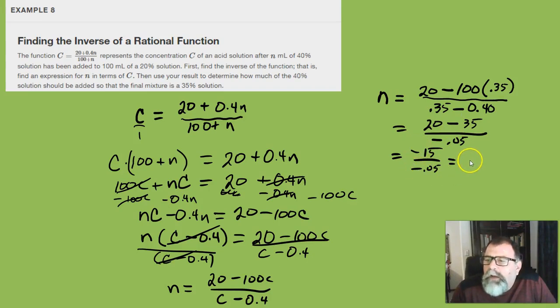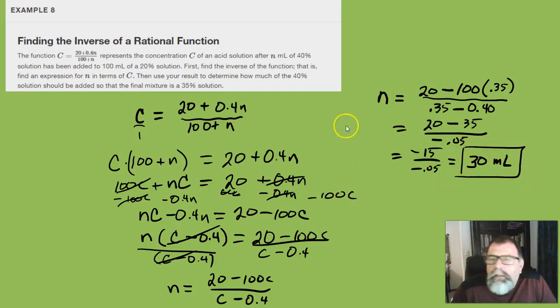Negative over negative makes positive, so that looks like 30, and then milliliters. So that's our answer. We need to add 30 milliliters of the 40% solution to end up with the final mixture that's 35%.